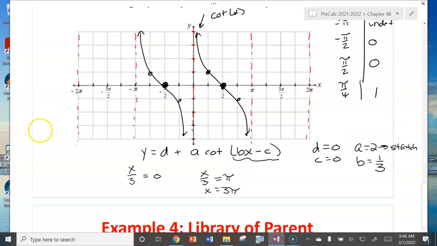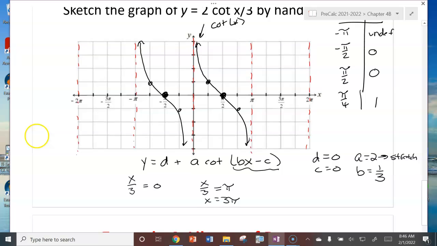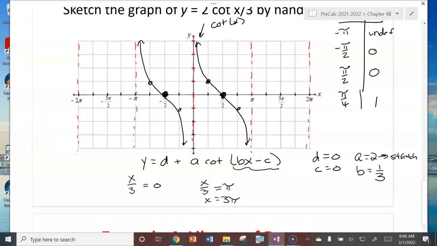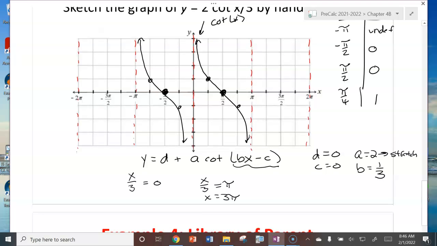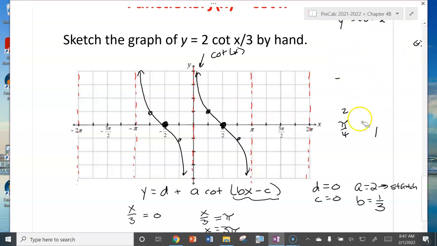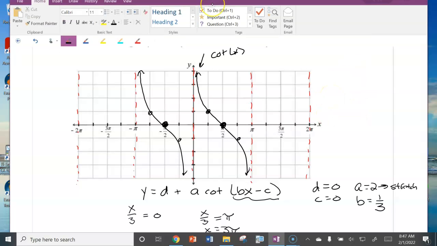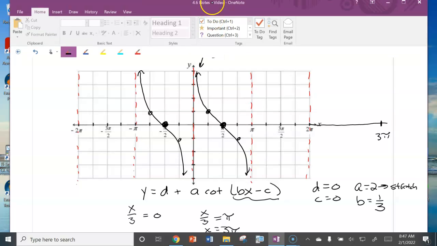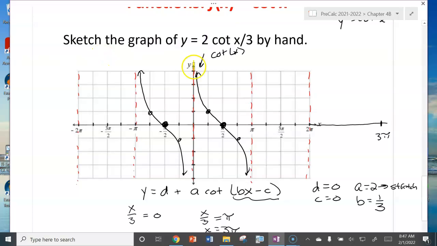So for our transformed function, our asymptotes are going to be at 0 and at 3 pi. So I need to make myself some room over here. I'm going to erase this. I'm going to extend my graph out to here. Right about there would be 3 pi. So here are our asymptotes. I'm going to go ahead and just use a highlighter for those.